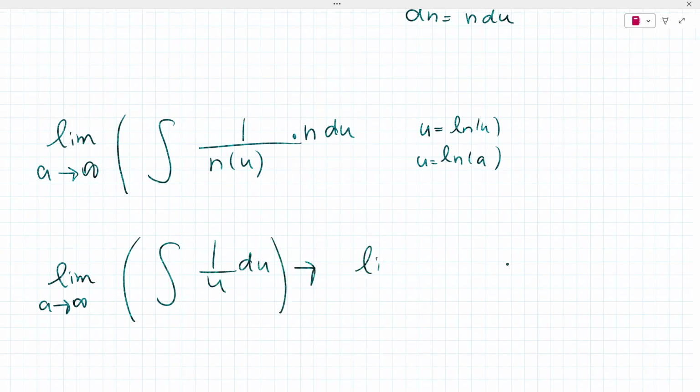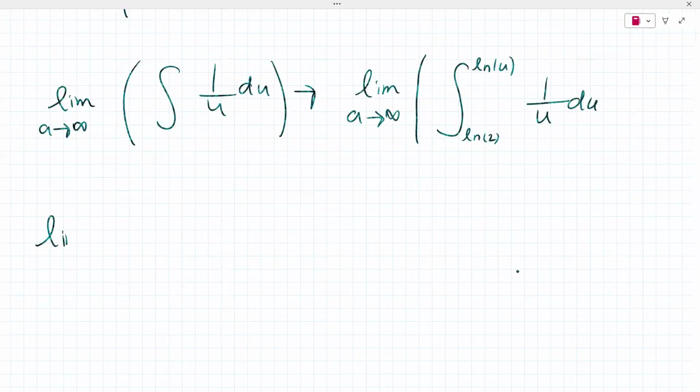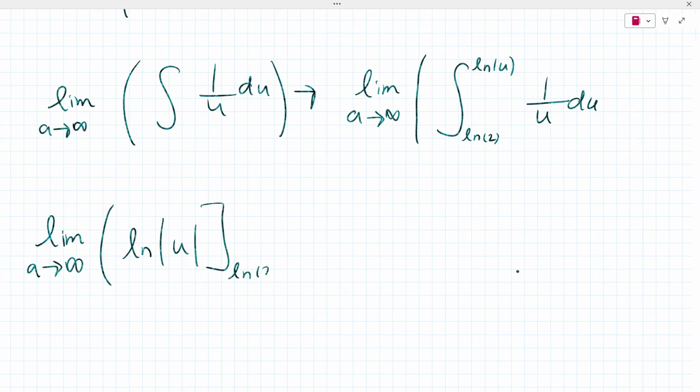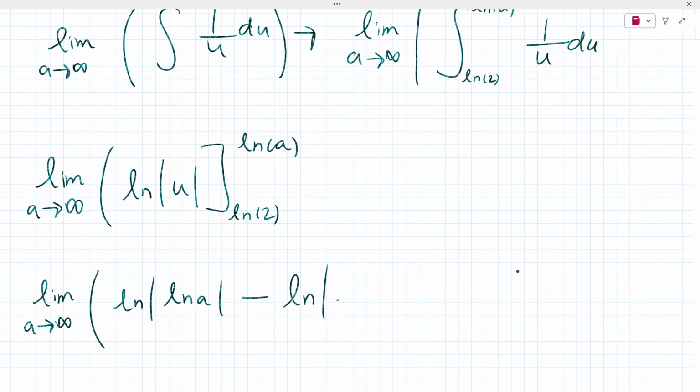That's going to be the limit as a approaches infinity of ln of absolute value of ln of a, minus ln of ln of 2.